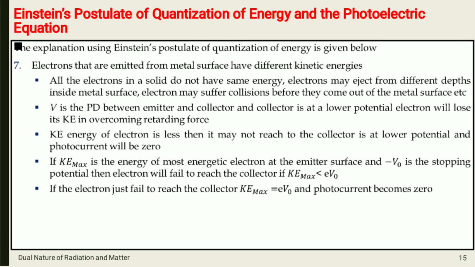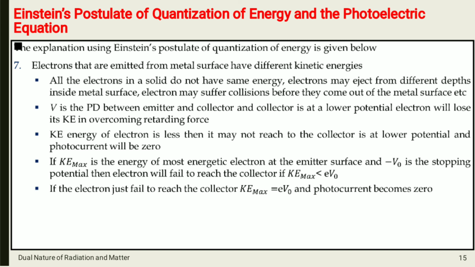Means when light is incident on the metal surface, if the kinetic energy of the electrons ejecting out from the metal surface is less, maybe it will not reach the collector, or maybe the electron will not reach the collector due to its lower potential. There are both cases, and due to that photocurrent will be 0.